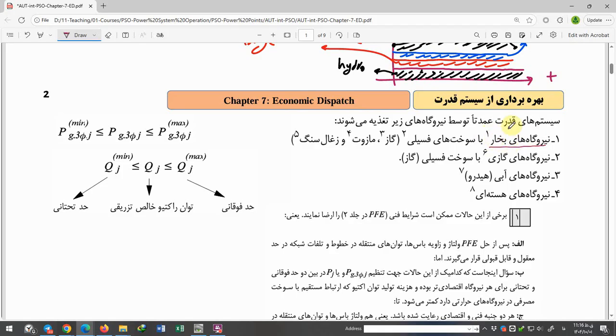Steam, in Persian we say bukhar, steam with fossil fuel like gas, mazout, and the gas turbine and hydro and nuclear power plant.